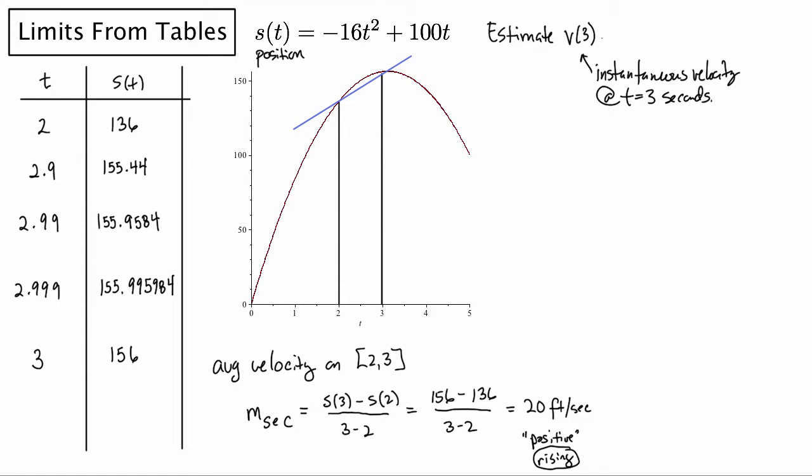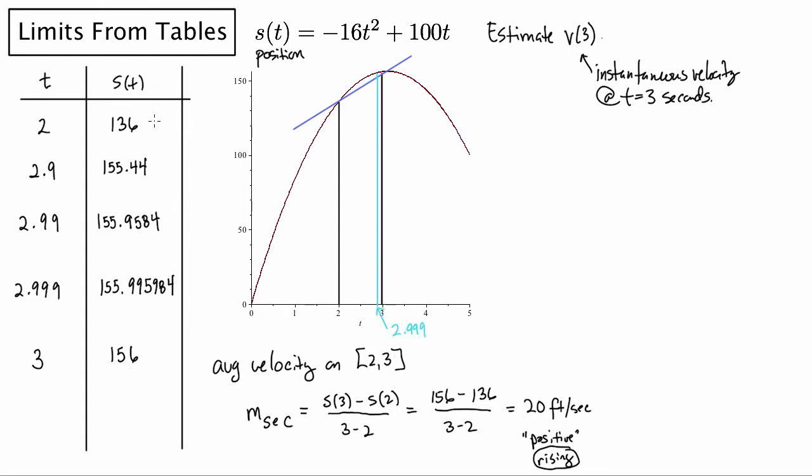Now, as we get a little bit closer to the value, we can get a better feel for what the instantaneous velocity is by getting a point that's really, really close to 3. And so if I look at this point here, really, really close to 3, let's suppose that this is the point 2.999.